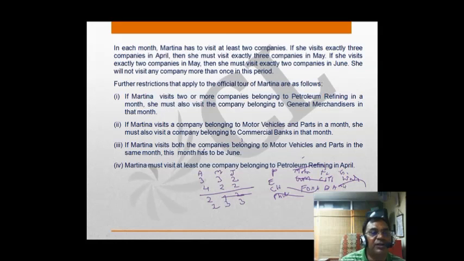Okay, now the next condition is important. If Martina visits 2 or more companies belonging to petroleum and energy, she must also visit a general merchandiser. That means 2 petroleum and Walmart. Whenever she visits motor vehicles and parts, it must be with commercial banks in that month. That means motor and bank, these two have to be together.